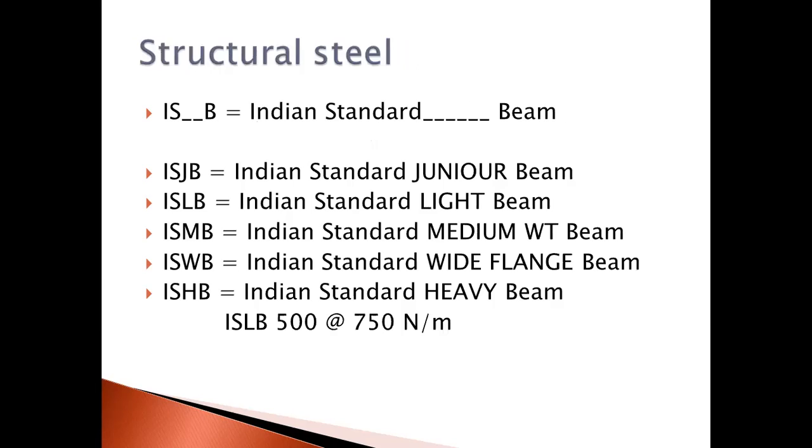So next you will see the structural steel. Structural steel we already discussed; it comes in many sections. It can be I section, angle section, channel section. How we denote this is IS dash B, that is IS dash beam, where it can be J, L, M, B, W, or H. For example, ISJB means Indian Standard Junior Beam.